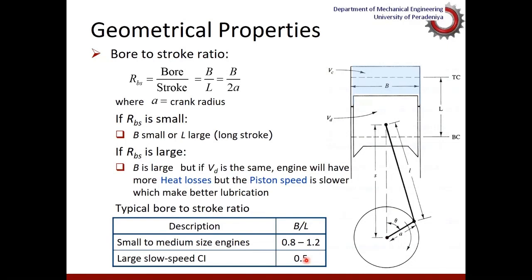So the design manuals, design codes and manuals give us certain information about these parameters. So when you design an engine, of course, according to certain standard, then you have to maintain these ratios at the desirable limits.